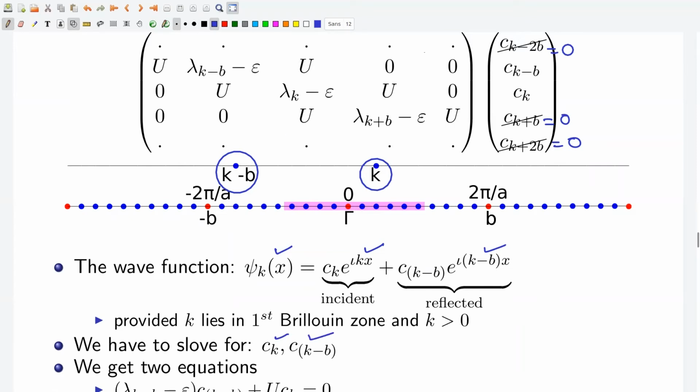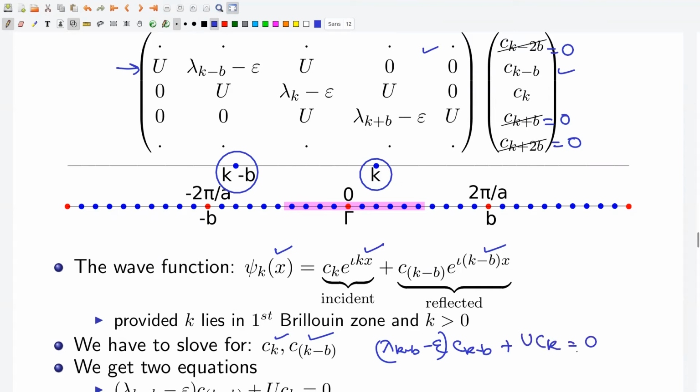Let us multiply the matrix with the column vector. If we multiply this row with the column vector, then the first term is 0 because c(k minus 2b) is equal to 0. Then we have a non-zero term, that is lambda(k minus b) minus epsilon times c(k minus b), plus we have u times c_k.